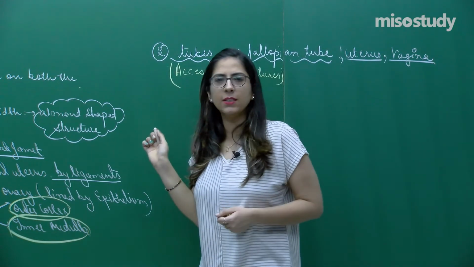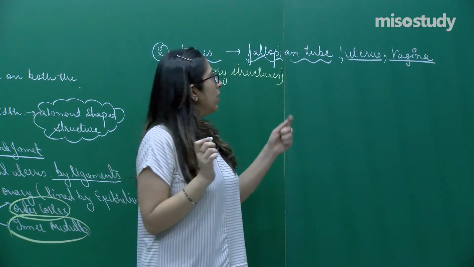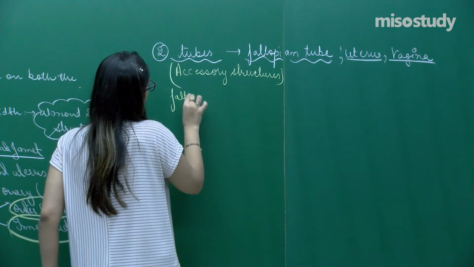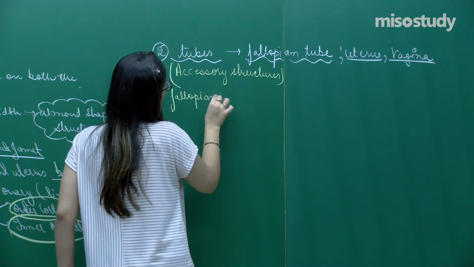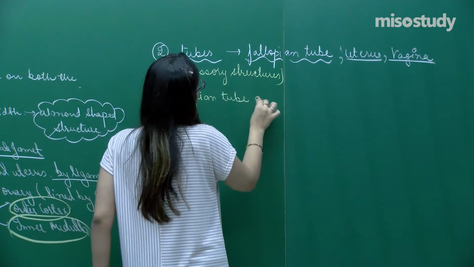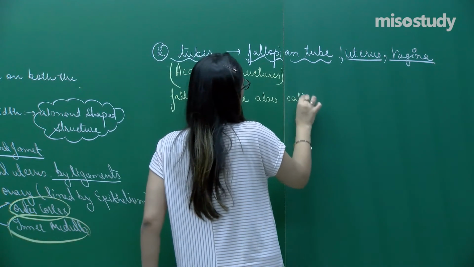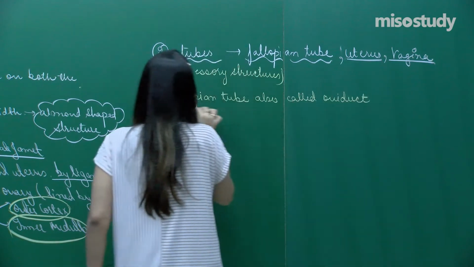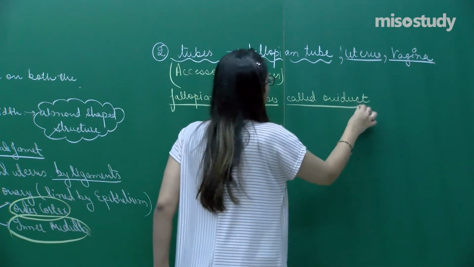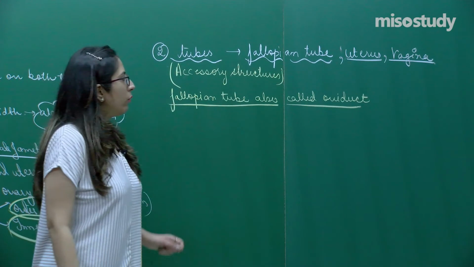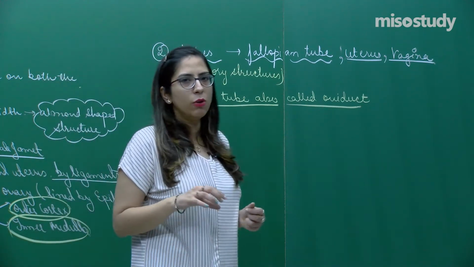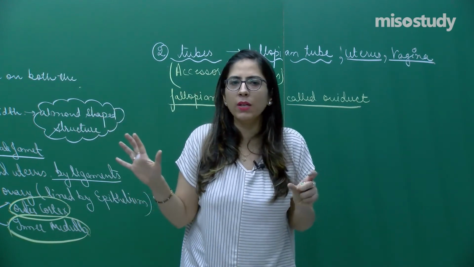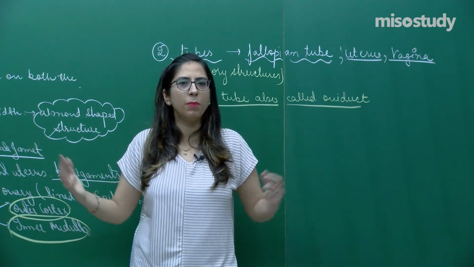When we see the internal structure of these tubes, fallopian tubes are also called oviduct. When we see the whole structure, the fallopian tubes extend throughout the lower abdomen, present on both sides.